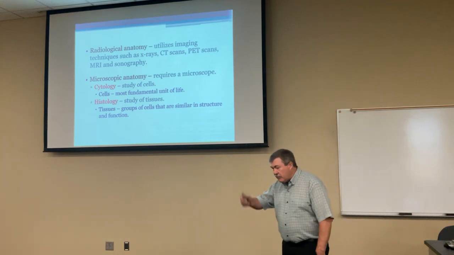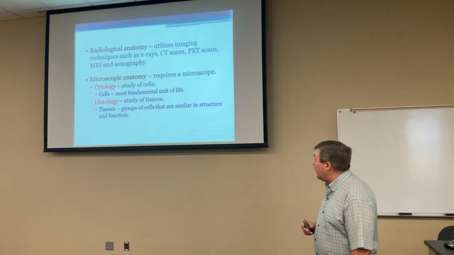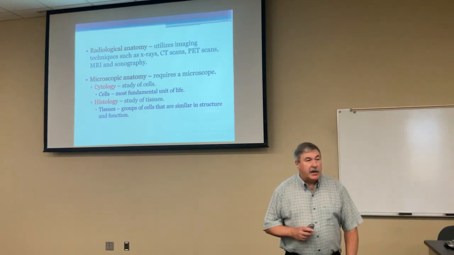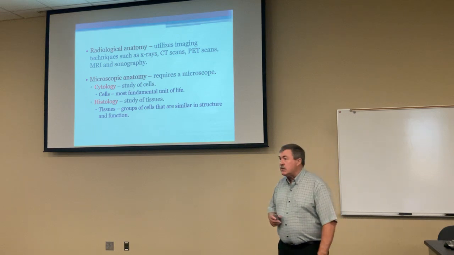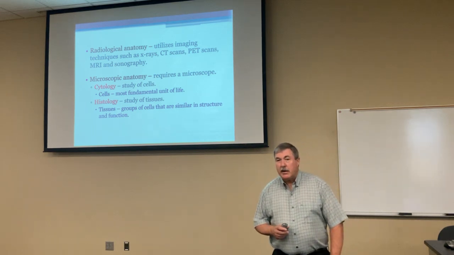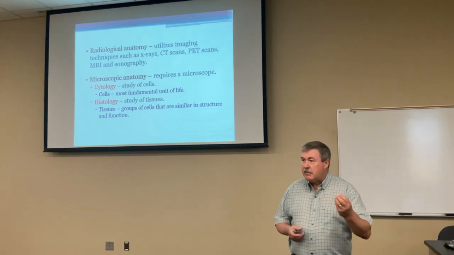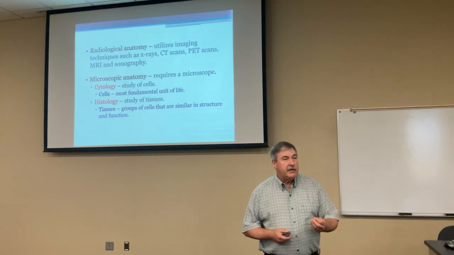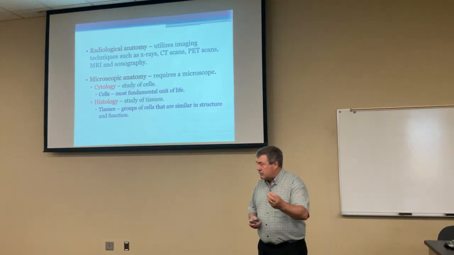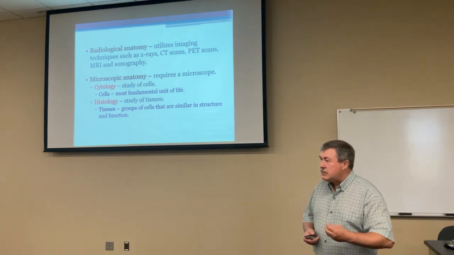So there's two different levels of organization that are studied using microscopic anatomy. The first is cytology, which is the study of cells. Cells are the smallest possible functional unit of the body that can carry out life processes like reproduction and metabolism and cell division.